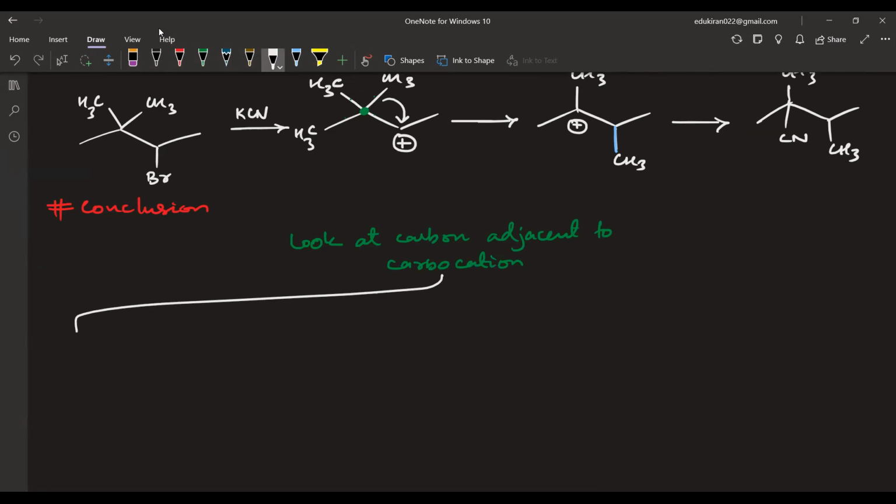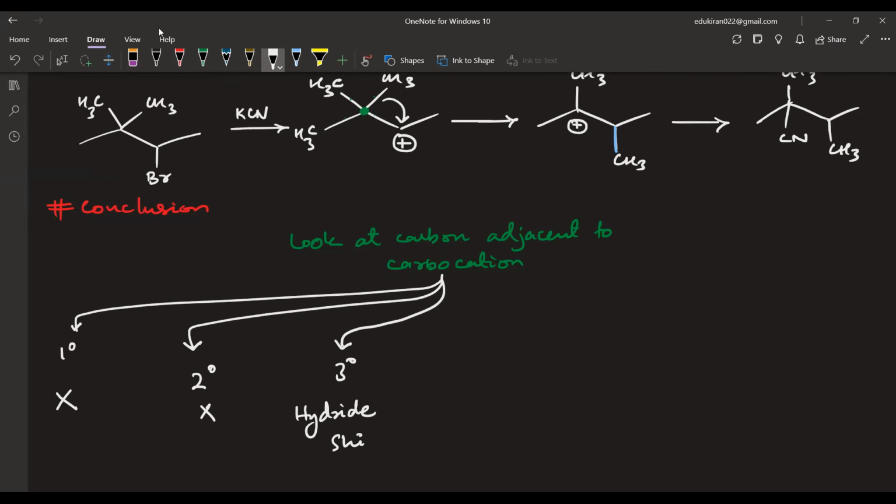So there can be many cases. If it is 1 degree, then nothing will happen. If it is 2 degree, then also nothing will happen. If it is 3 degree, then what will happen? Hydride shift. Okay. But if it is 3 degree and on ring, then what is going to happen? Ring expansion will happen, right? Ring expansion will be happening.